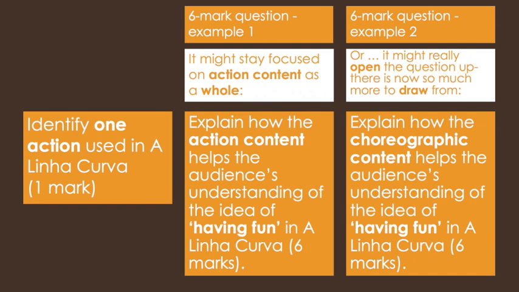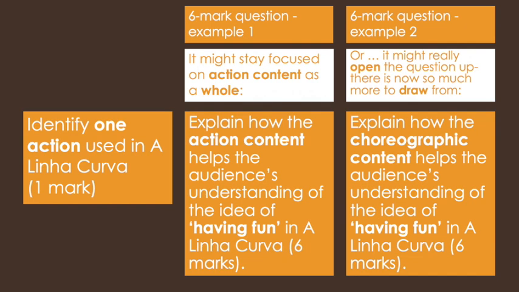This question stays focused on the action content as a whole. However, the second example of a 6-mark question asks you to explain how the choreographic content helps the audience's understanding of the idea of having fun in a linear curve. This example opens the question up as there is now so much more to draw from it.